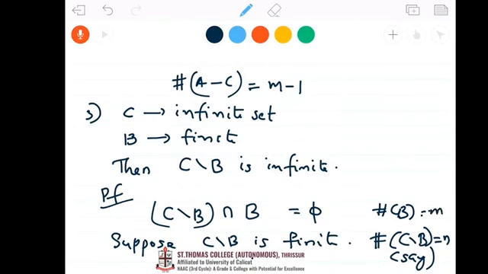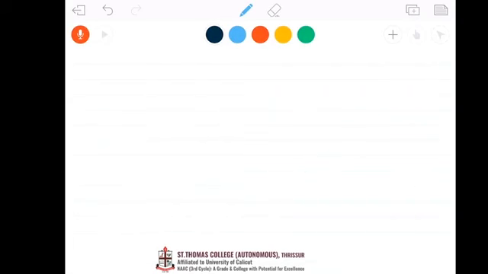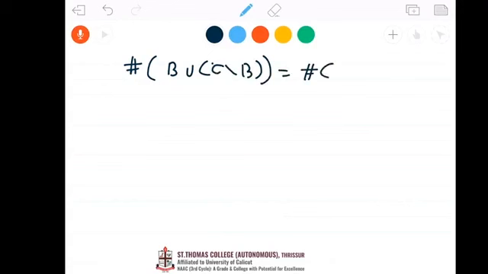I am calling it m. So, B has m elements, C minus B has n elements, and both of them are disjoint. Therefore, by the first part of the theorem, the number of elements in B union C minus B is equal to the number of elements in B plus the number of elements in C minus B.